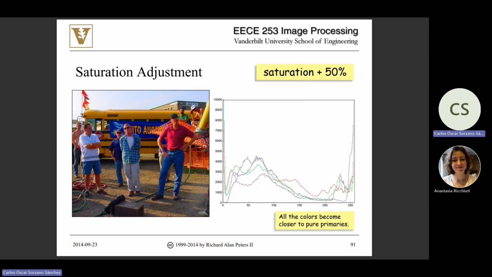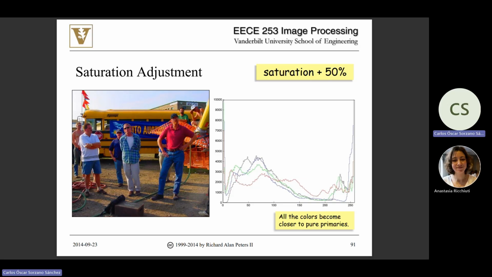The number of counts has to be the same as before, exactly, because it is the number of pixels. So the total count has to be the same.